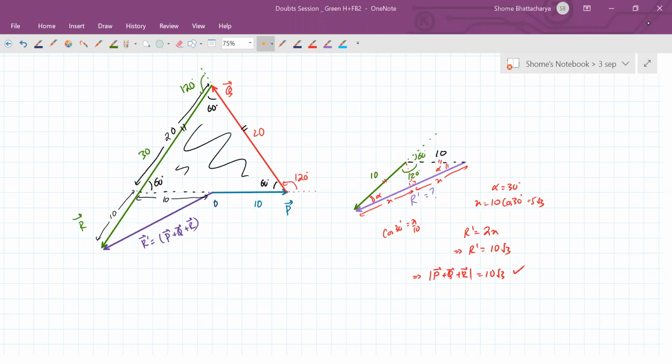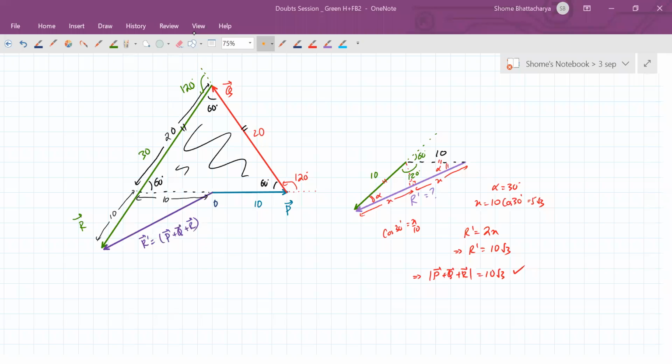Exercise 1. Okay, so we'll start with question number 1 of exercise 1.